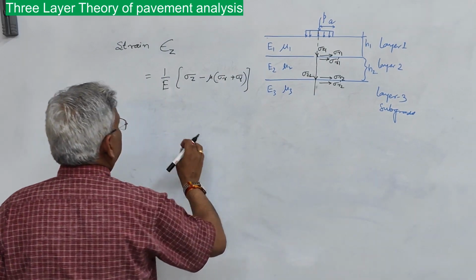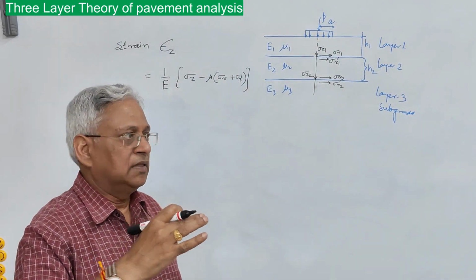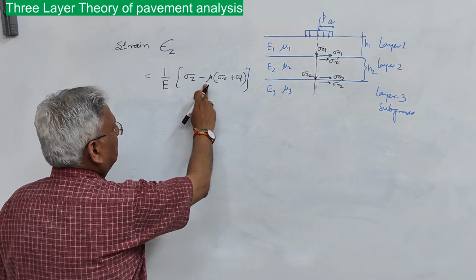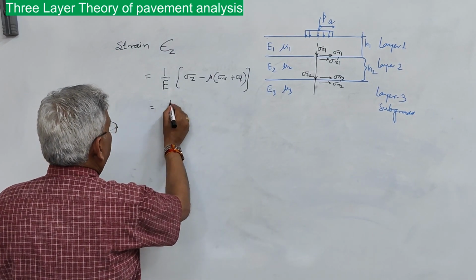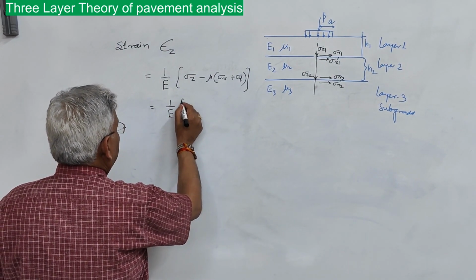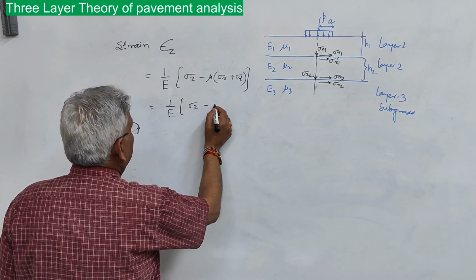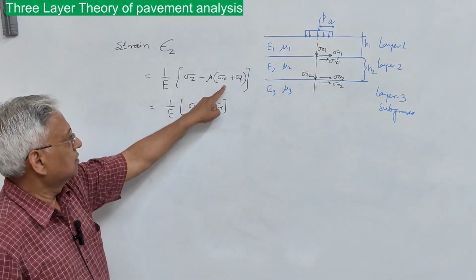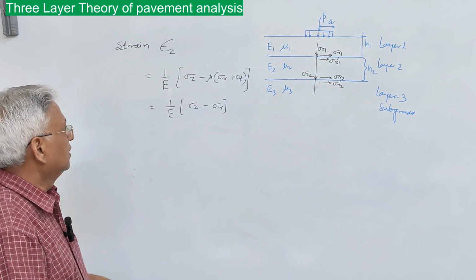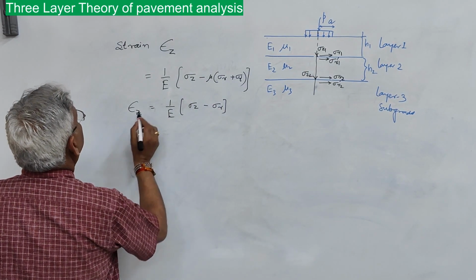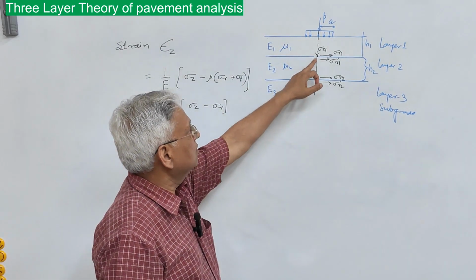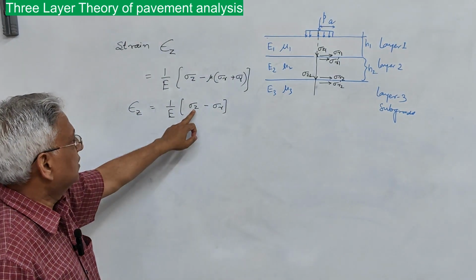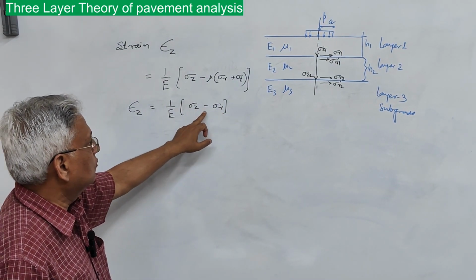So if you consider a homogeneous material or continuity in the interface, then sigma r will be equal to sigma t and mu will be equal to 0.5, and therefore this equation can be written as 1 upon E into (sigma z minus twice of sigma r multiplied by 0.5), that is your vertical strain. If you are considering vertical strain here, then consider E1. If you are considering here, consider E2. And accordingly, it will be sigma Z1 minus sigma R1 or sigma Z2 minus sigma R2.